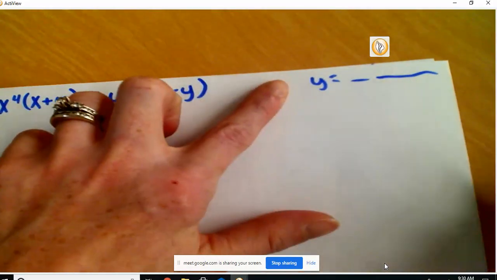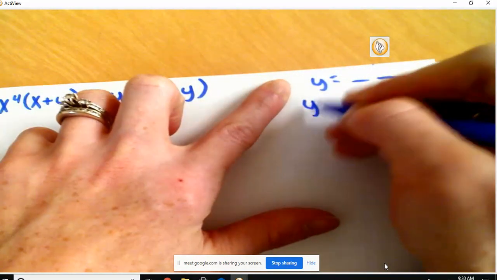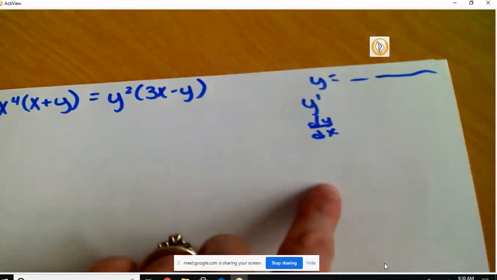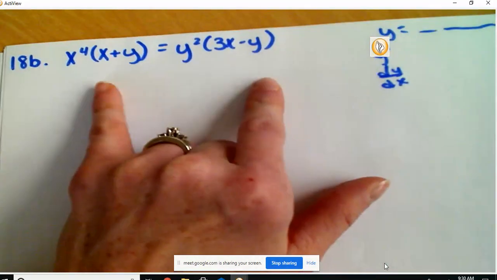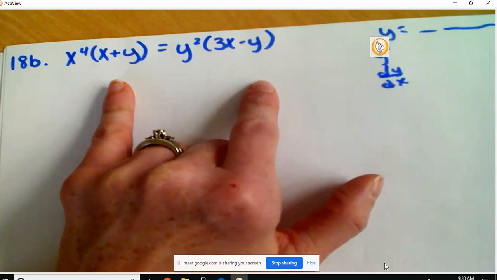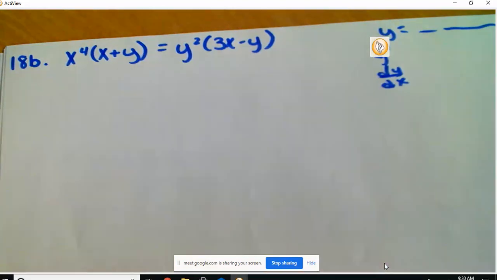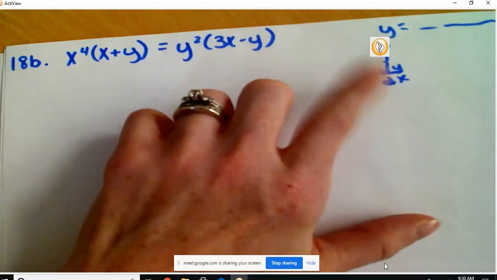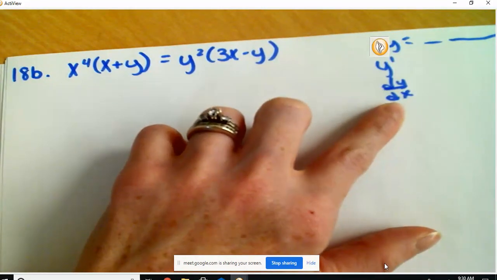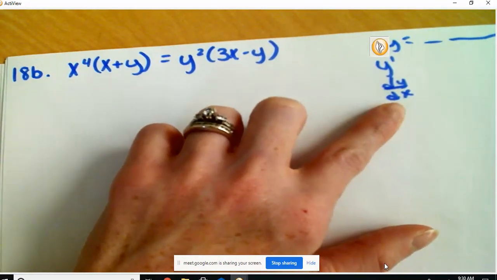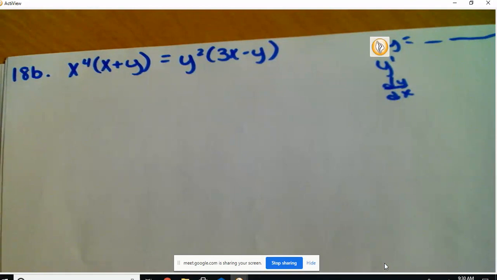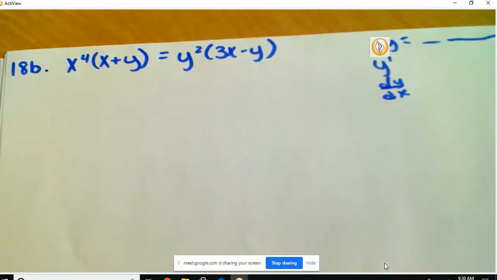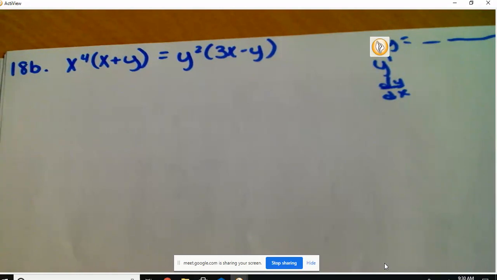And this y, when we take the derivative, we change it to a y prime or maybe a dy dx, and we do our derivative. In this problem, is it possible to just get y equals? No. So in this case, we go ahead and we do the derivative like normal, but every time we do the derivative of a y, we put dy dx with it, and then we'll solve for that dy dx later. So basically, this is too complicated to solve for y, but the derivative might be able to solve.